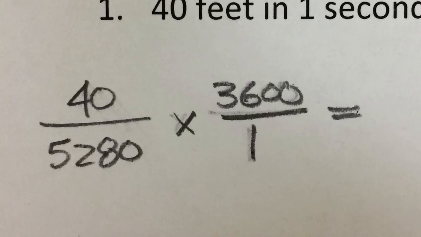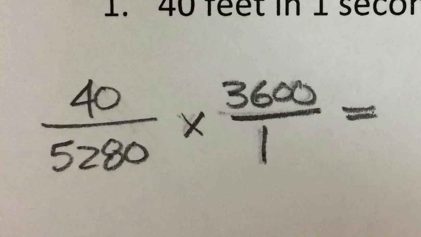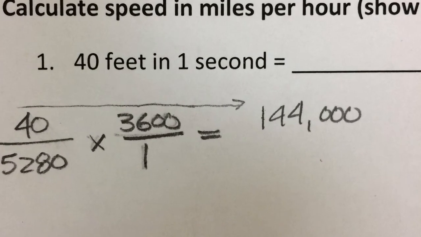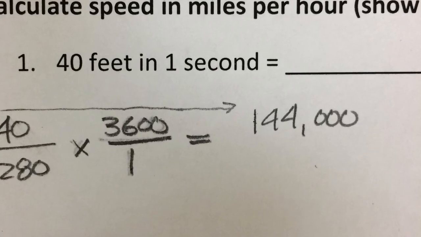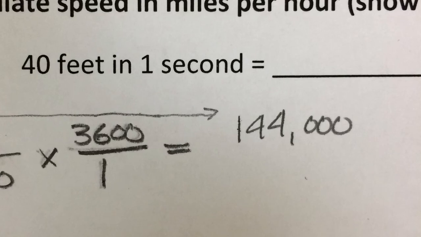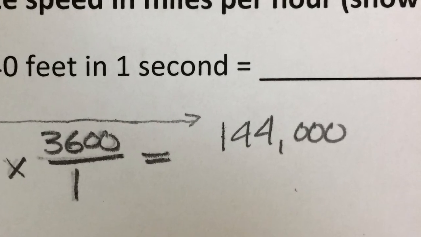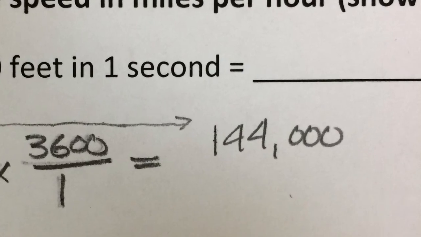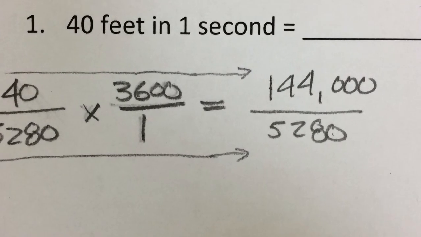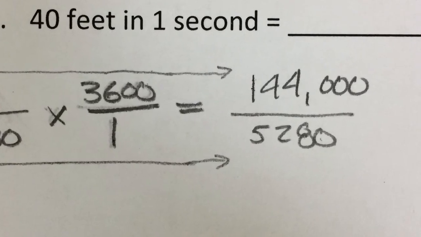Now, in order to multiply these 2 fractions together, we're going to multiply straight across our numerators. We're going to multiply 40 by 3,600. Plug that into your calculator. You should be getting 144,000. So write that down. Now that was the numerator going across. Now we're going to go across the denominator. 5,280 times 1.